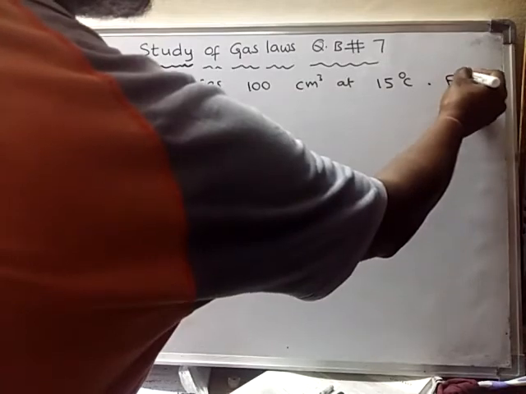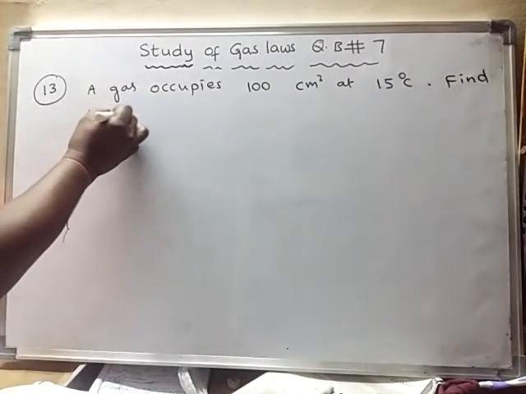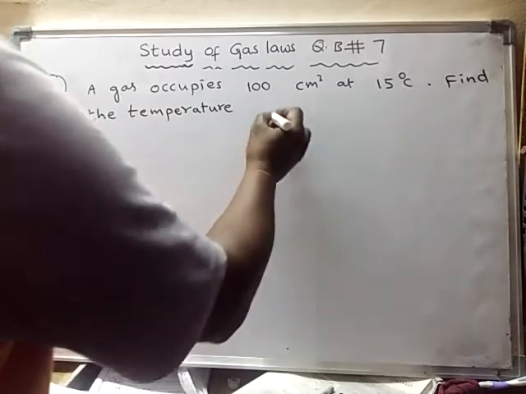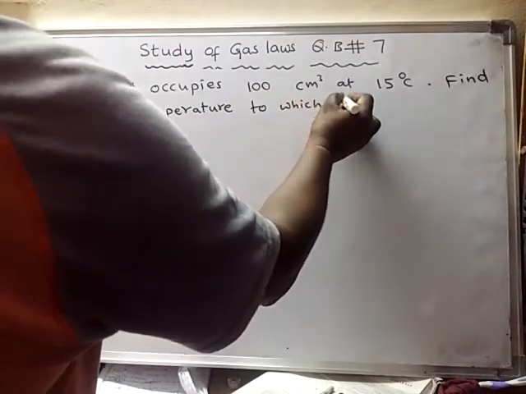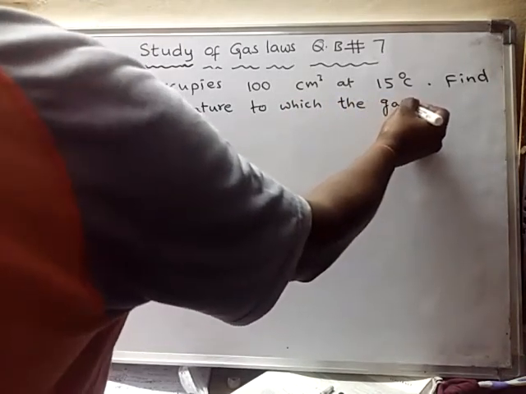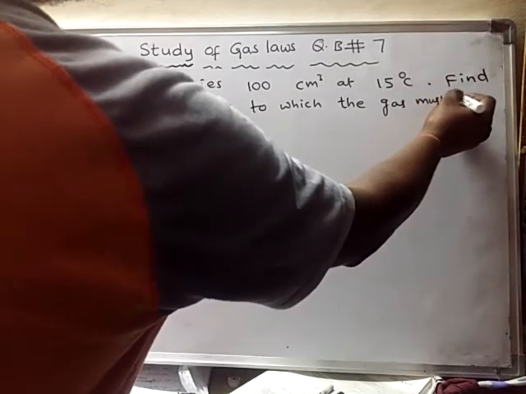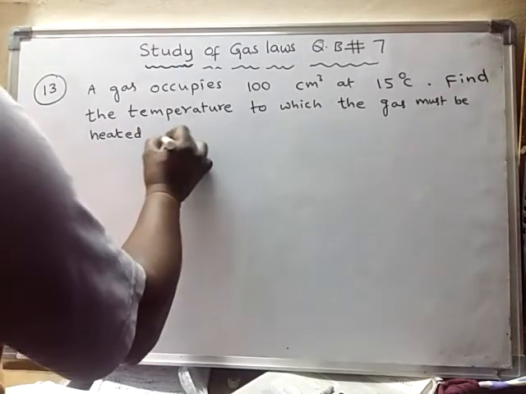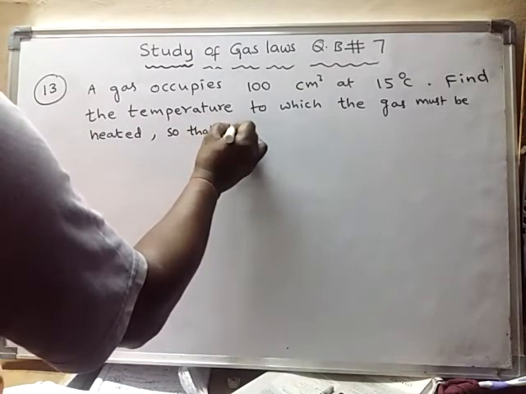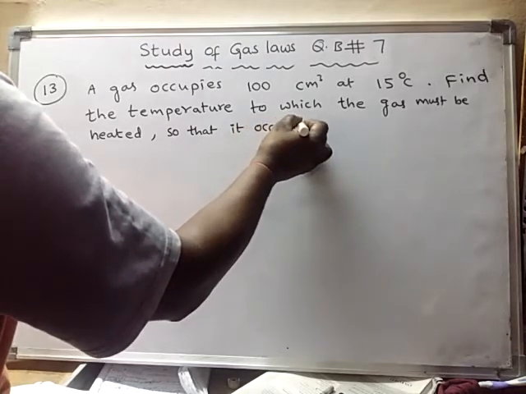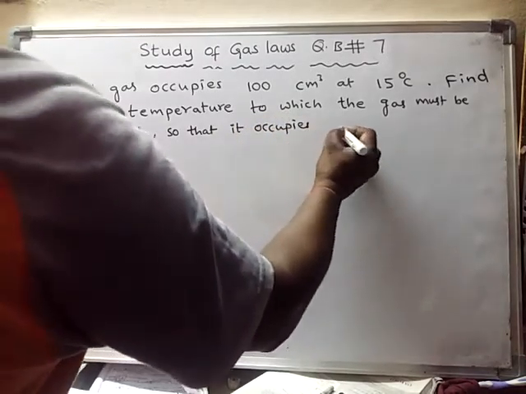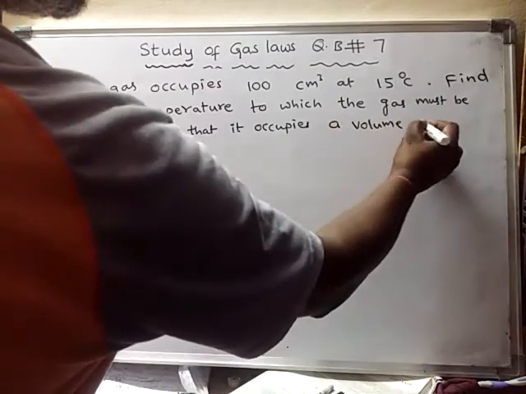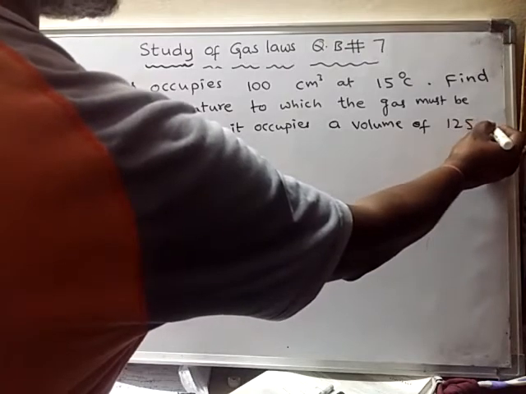Next, find the temperature to which the gas must be heated so that it occupies a volume of 125 centimeter cube.